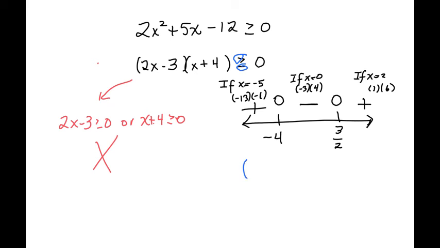So the solution would be -infinity to -4, hard bracket, union 3/2 and onwards. The only time one of those numbers will be positive and one of them will be negative is if you use a number between -4 and 3/2. We're done.